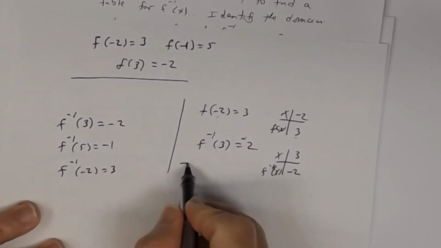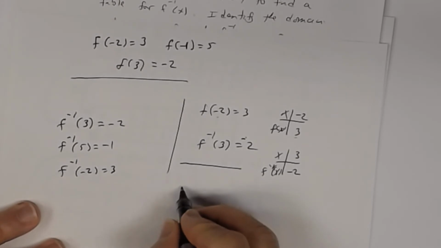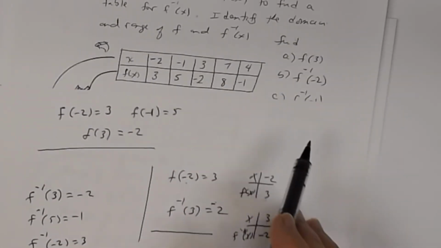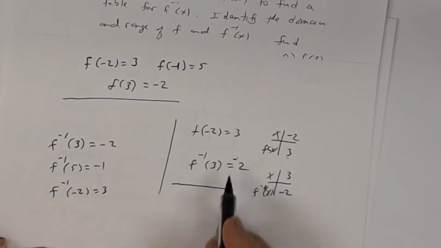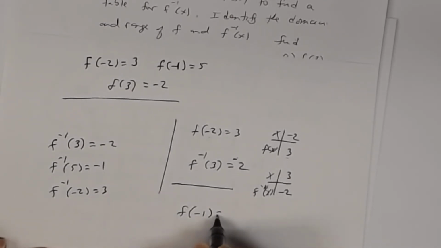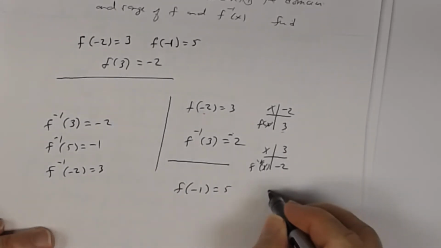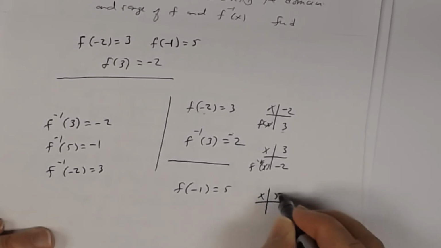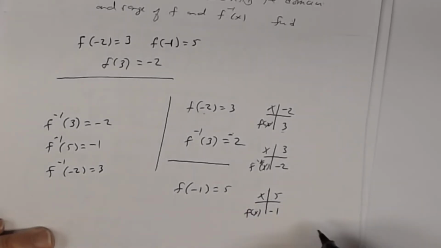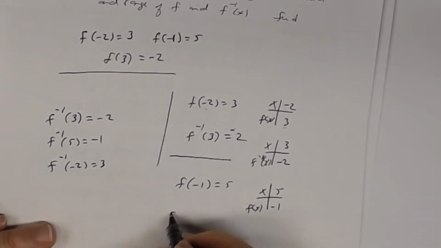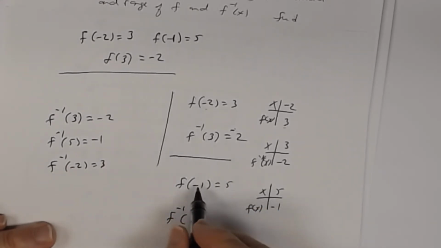Let me just do another one. So if we had f of negative 1 is 5, what that means is that when x is negative 1, f of x is 5. So when you do the inverse, you're now taking the inverse of this.